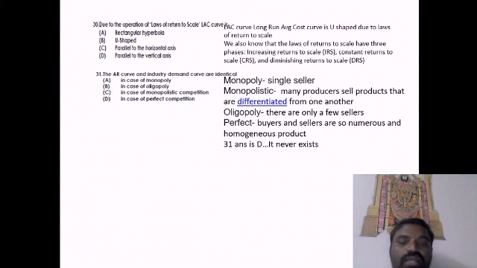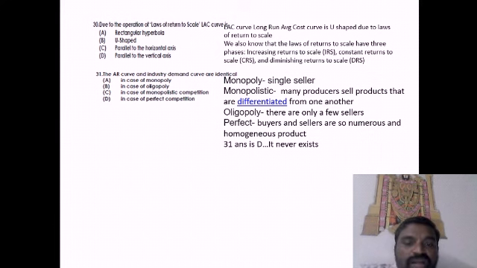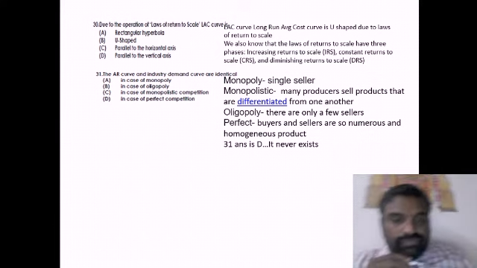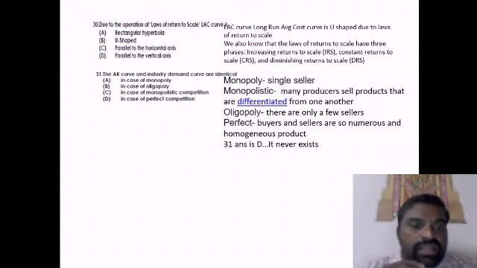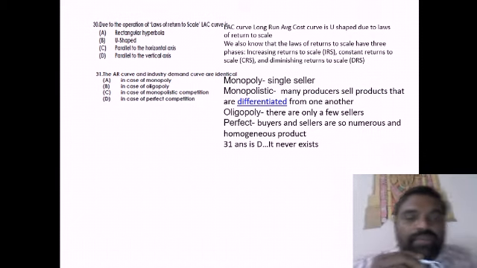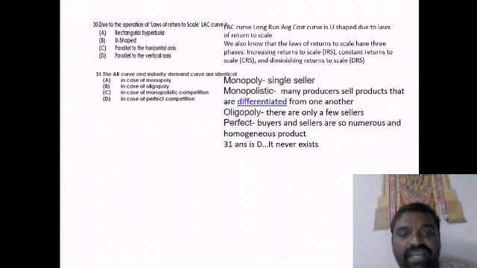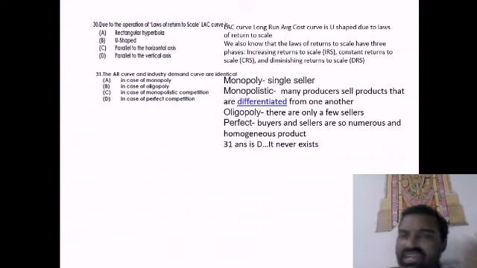Whereas in oligopoly there are only a few sellers, and in perfect competition, buyers and sellers are so numerous and the product is homogeneous. So for this question the answer is D, that is perfect competition. The AR curve and the industry demand curve are identical in the case of perfect competition. It is just theoretical, as I said.